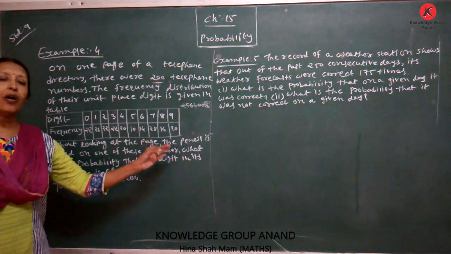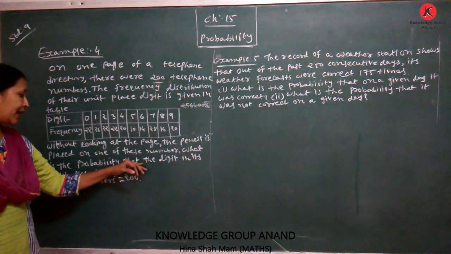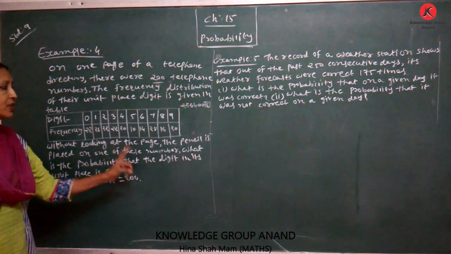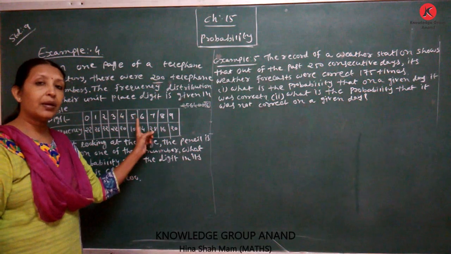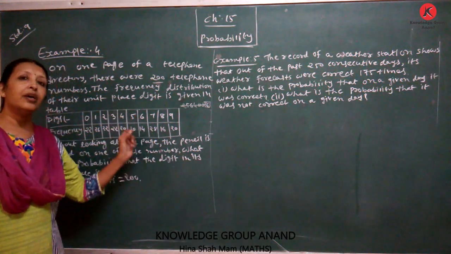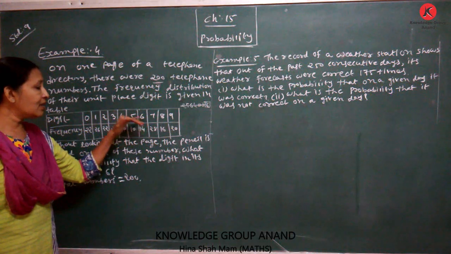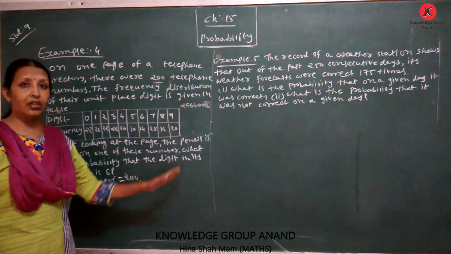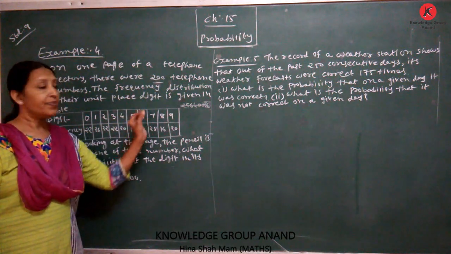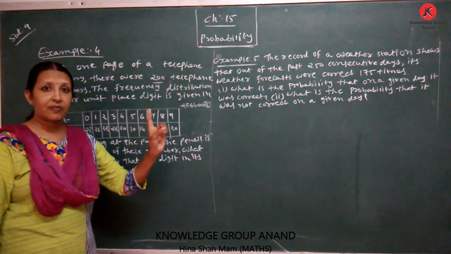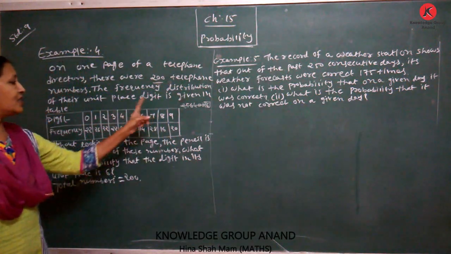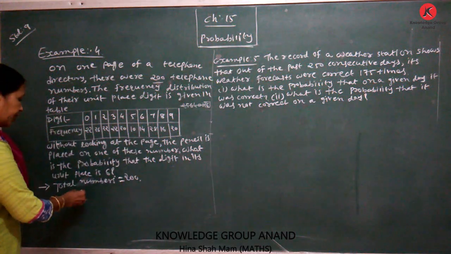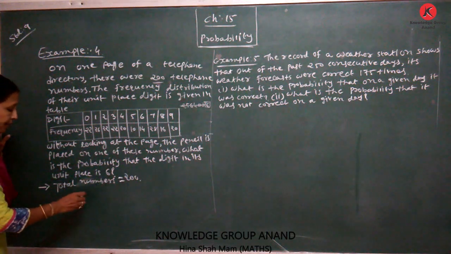The probability that the digit in its unit place is 6 is equal to the frequency of the number 6 upon the total number. What is the frequency? How many times is 6 on the page? 14 times the unit place is 6. The total number is equal to 200.